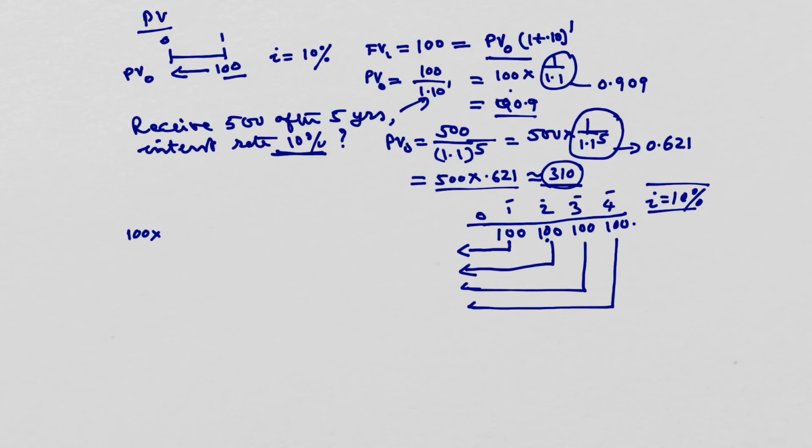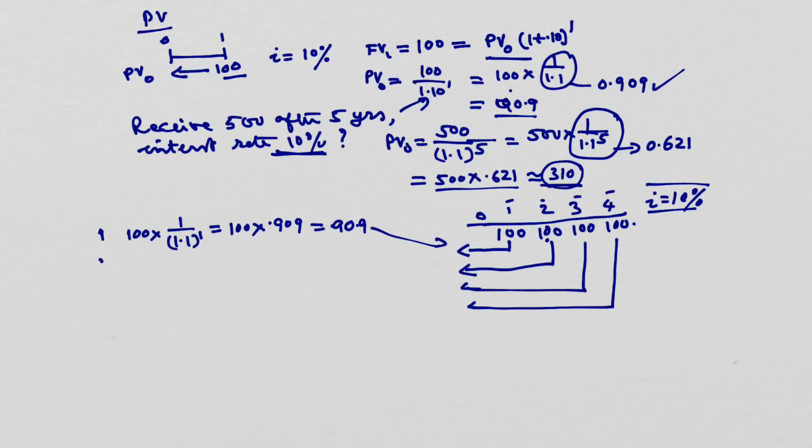So this is year 1 when I receive 100 into 1 divided by 1 plus interest rate raised to 1, and this factor, as we had calculated even here, is 0.909. So what I will get for the first year is 90.9.